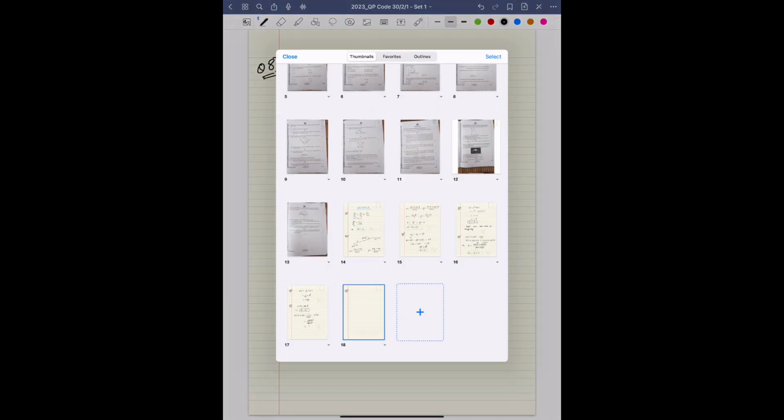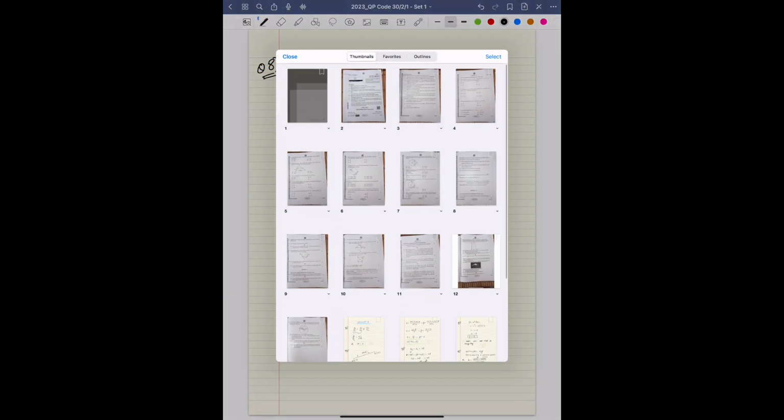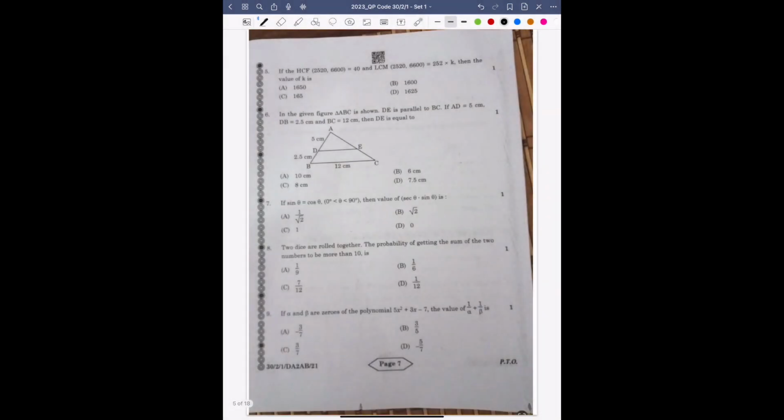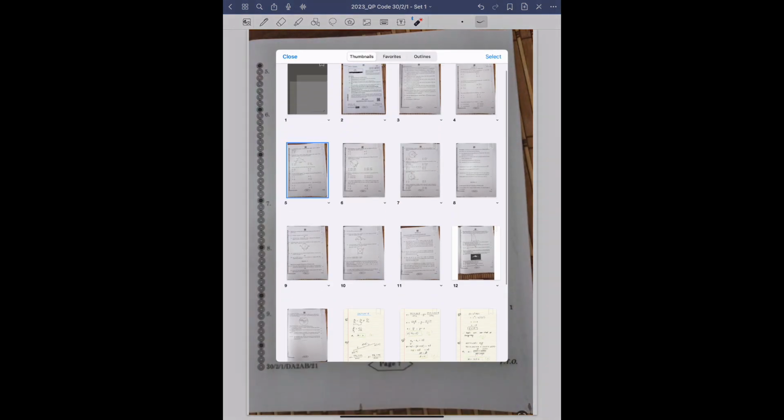Probability is actually a little tricky, but at this level, it's pretty simple. It says two dice are rolled together, meaning you are throwing two dice at a time. The probability of getting the sum of the two numbers to be more than 10. Here we'll need to form cases.